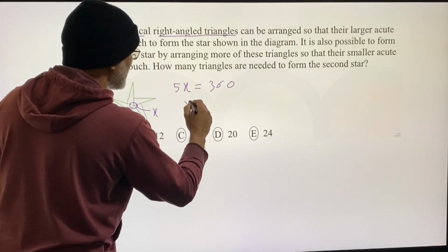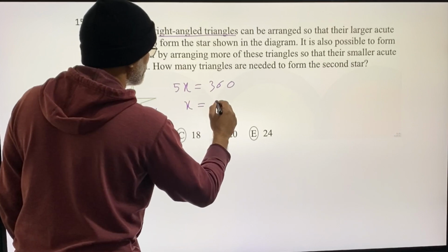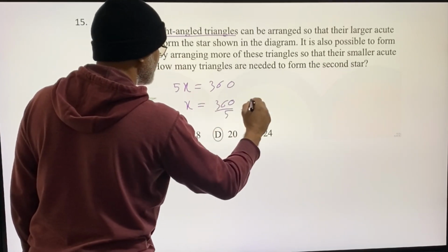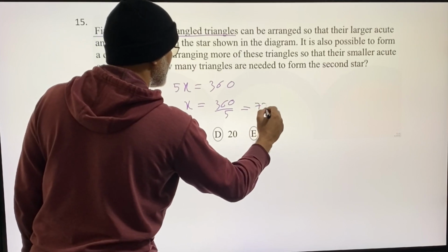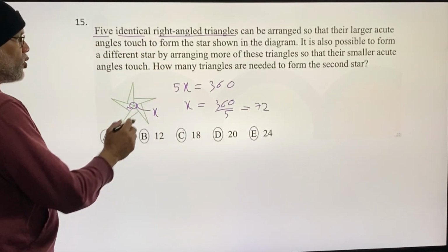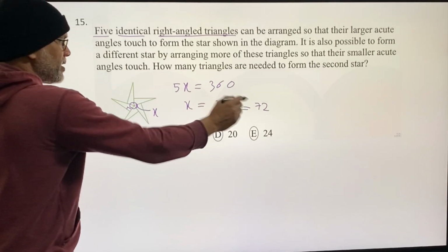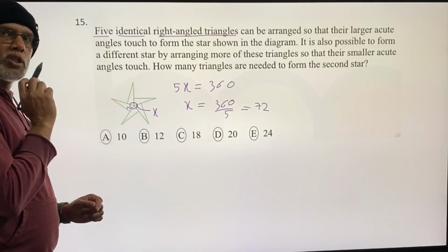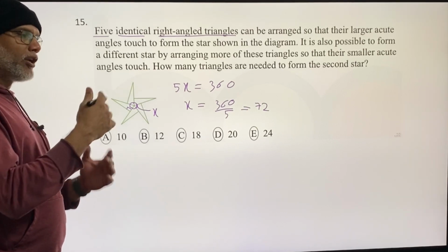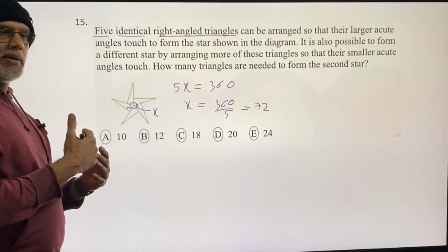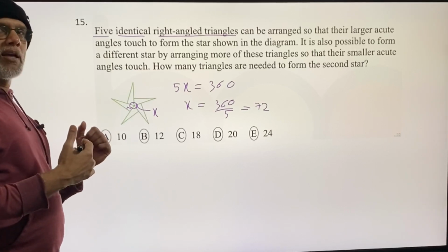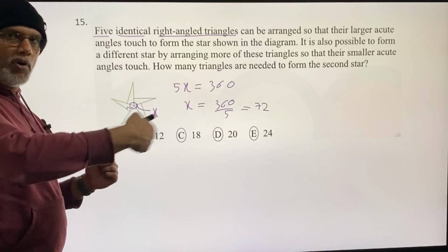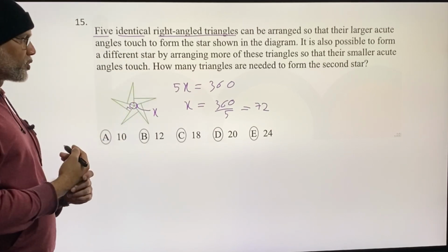Then 1x is going to be 360 by 5, and this is going to be 72 degrees, right? So the larger acute angle is 72 degrees. Now I can find the value of the smaller acute angle, right? Because for a triangle, all the 3 angles add up to 180 degrees. And once I find the smaller acute angle, I can calculate how many of those I need to form the full circle. So that is the thought process.